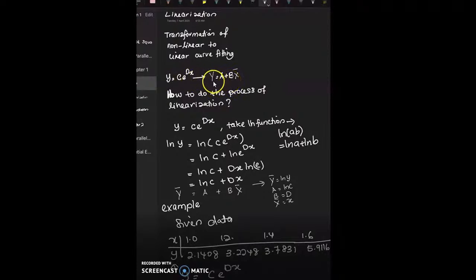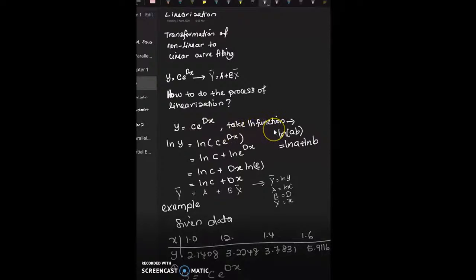In this case, one way to do it is by taking ln on both sides. For example, you know that ln AB is equal to ln A plus ln B. So you take ln y on your left hand side and ln of c exponent dx on your right hand side, then apply the ln formula, and you will get ln c plus ln exponent dx.